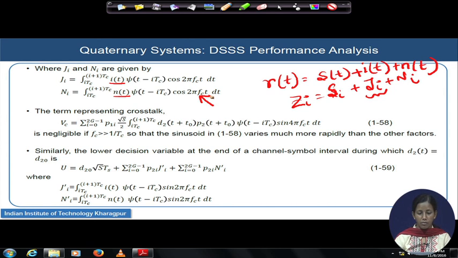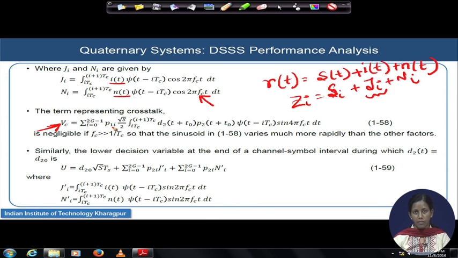There is an important term here that we did not discuss during the single carrier transmission. The term is called the crosstalk. This crosstalk is the contribution on the first one, P1, due to P2.